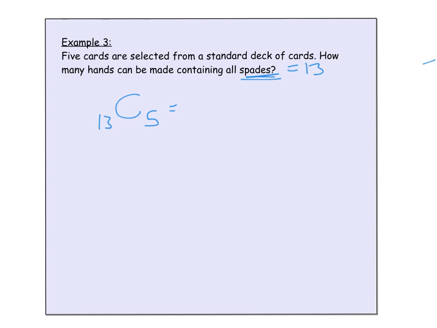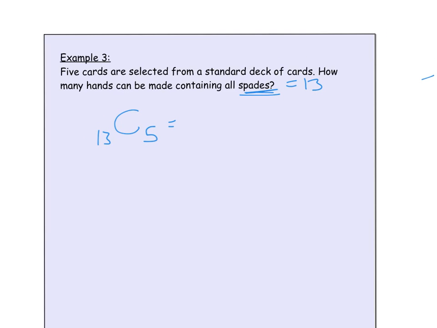Function, remember you got to be on the stats, combination 17, comma 5. 6,188. Oops.